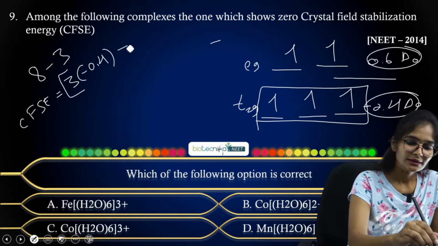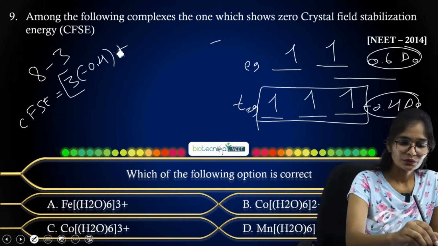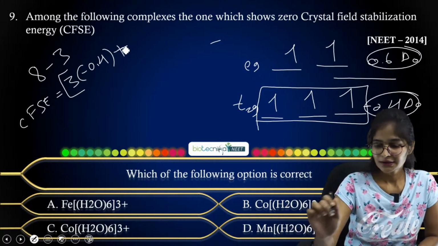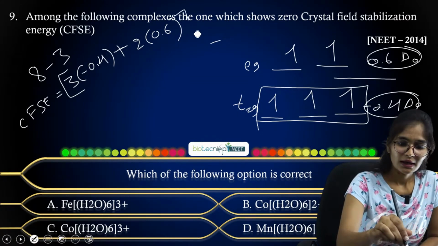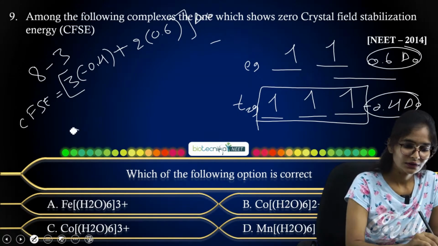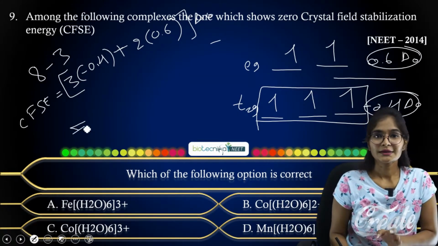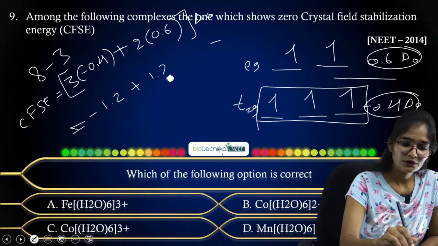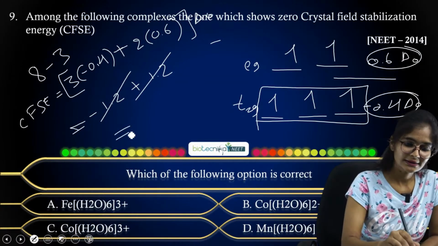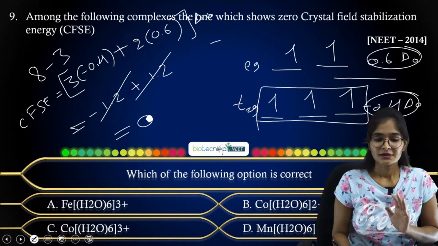Next, you put a plus sign, and then you have 2 electrons in EG, so I will write 2 into 0.6, and overall it is delta naught, right? So 3 into minus 0.4 will be minus 1.2, plus 1.2. Both cancel each other, and you have got the answer as 0, right?